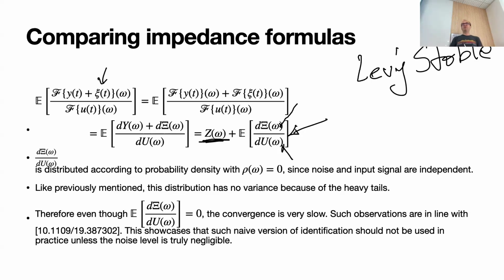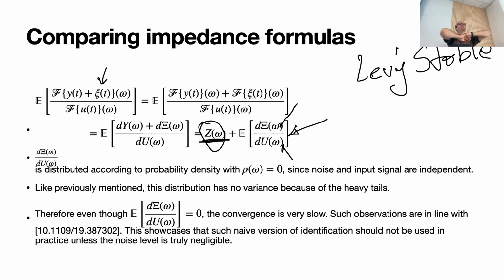Levi stable distributions are a particularly nasty family of distributions. They have heavy tails. And because they have heavy tails, their variance is infinitely high. Which means that if I take a Fourier transform of my input and Fourier transform of my output and divide them, I will get my impedance plus infinite variance.